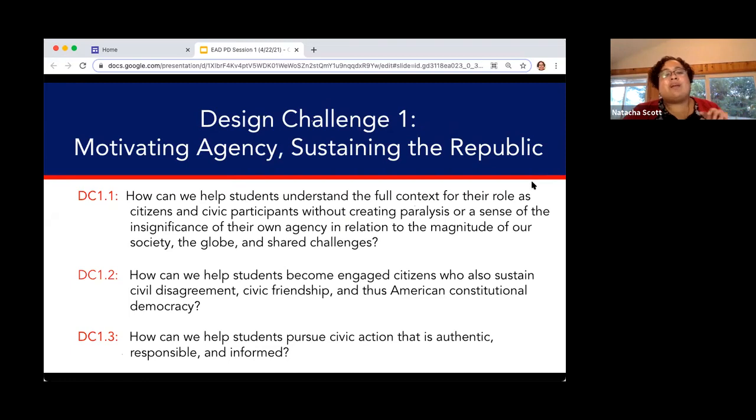How can we help students become engaged citizens who also sustain civil disagreement, civic friendship, and thus American constitutional democracy? And how can we help students pursue civic action that is authentic, responsible, and informed? As you think about those design challenge elements, you really see those connections to theme number 1. They really begin to shine through as we think about that theme of civic participation.